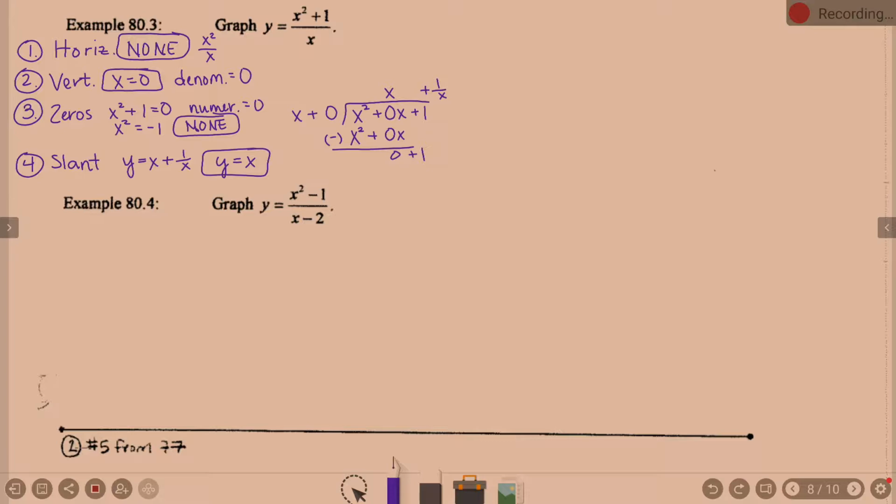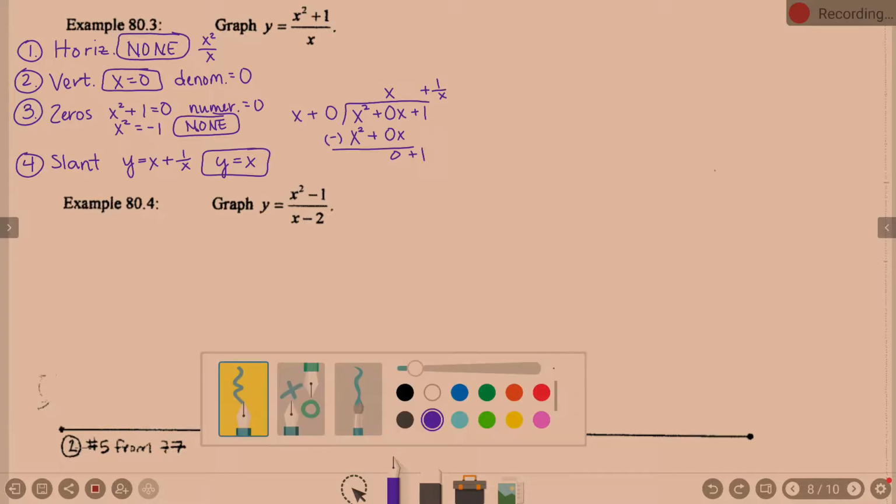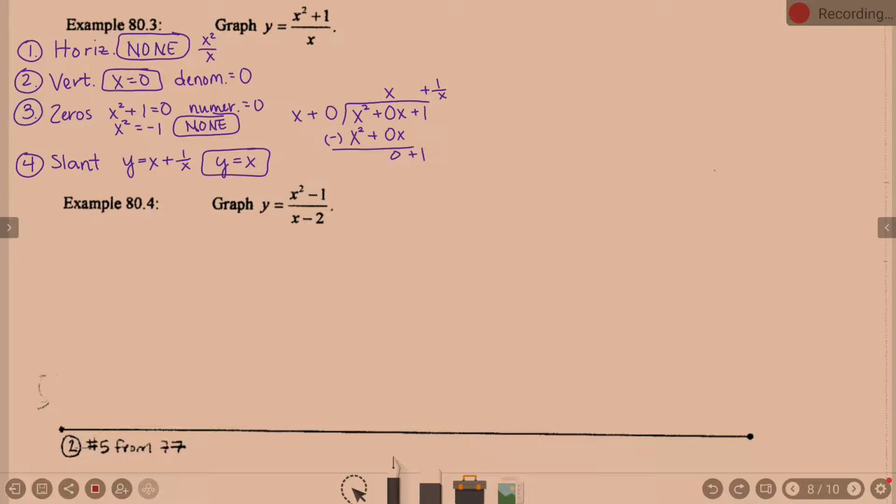Now, shall we talk graph? Shall we talk graph without looking at the graphing calculator? It's Ethan that said we don't really have much to work with. Well, we still don't really have much to work with, do we? Put in what you know.